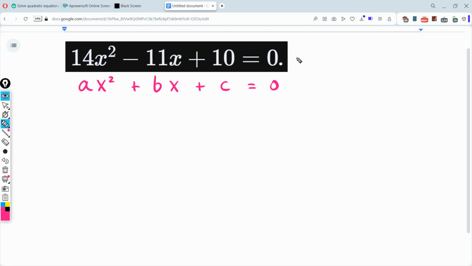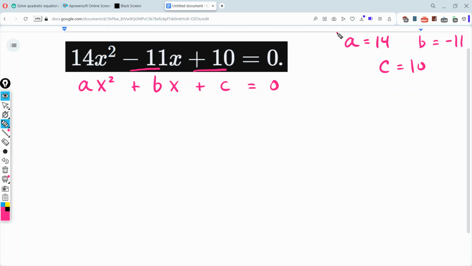If it's ever not equal to 0, just add or subtract from both sides until you get it equal to 0. So we can clearly see that a is 14. We can see that b is negative 11. Make sure you maintain the plus minus signs. And c is positive 10.